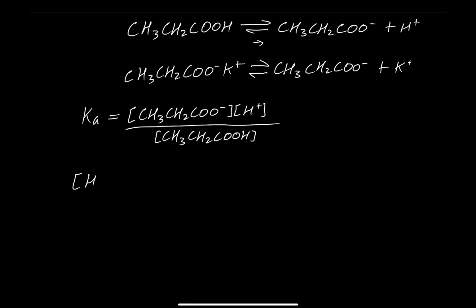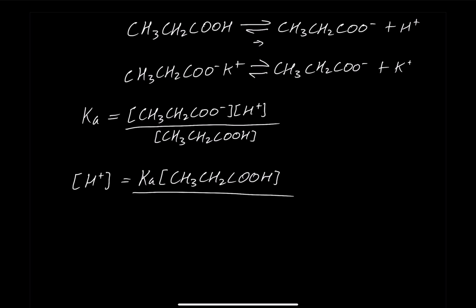Just rearrange this equation. So H plus is equal to Ka multiplied by our HA, which is propanoic acid, CH3CH2COOH, over our A minus, which is our propanoate ion, CH3CH2COO minus.